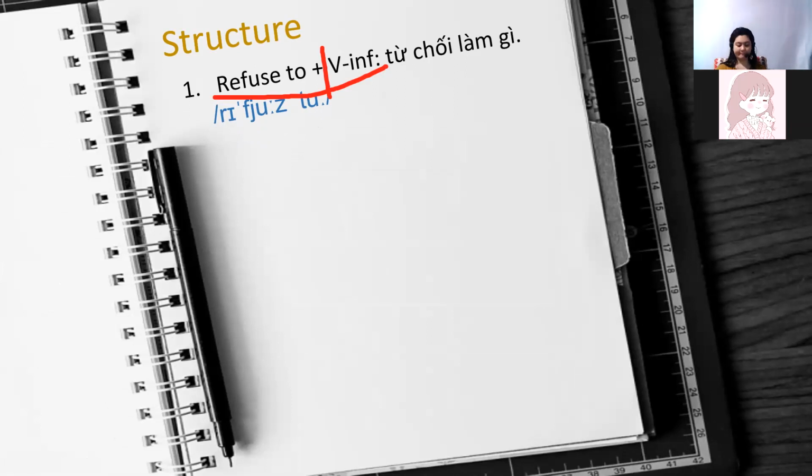Yes. I refused to go swimming with my friends last week. Okay, the structure is refuse, meaning it is a present form, but in your sentence you said last week.